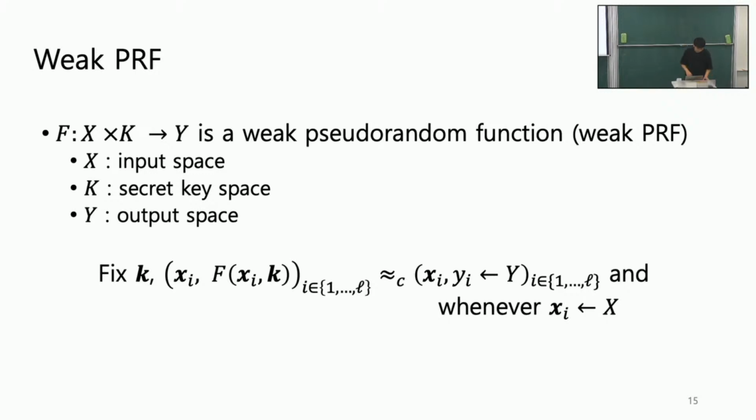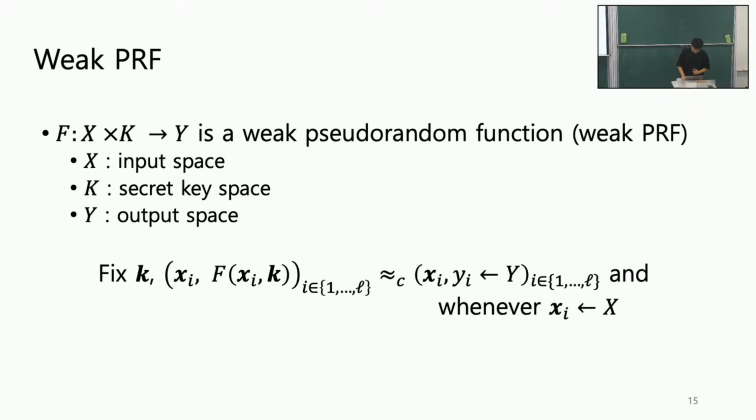Here, the left arrow means an element is uniformly sampled from the finite set. There are many applications based on the hardness of mixed random function.